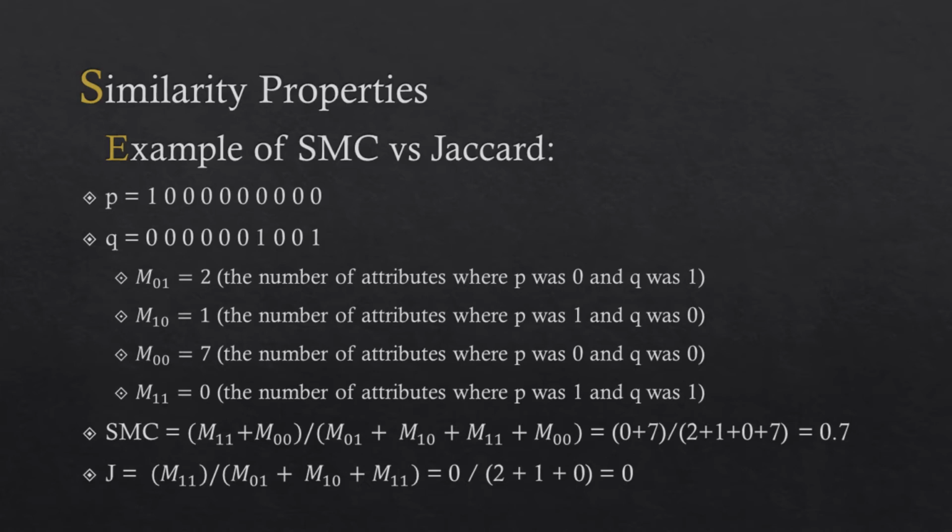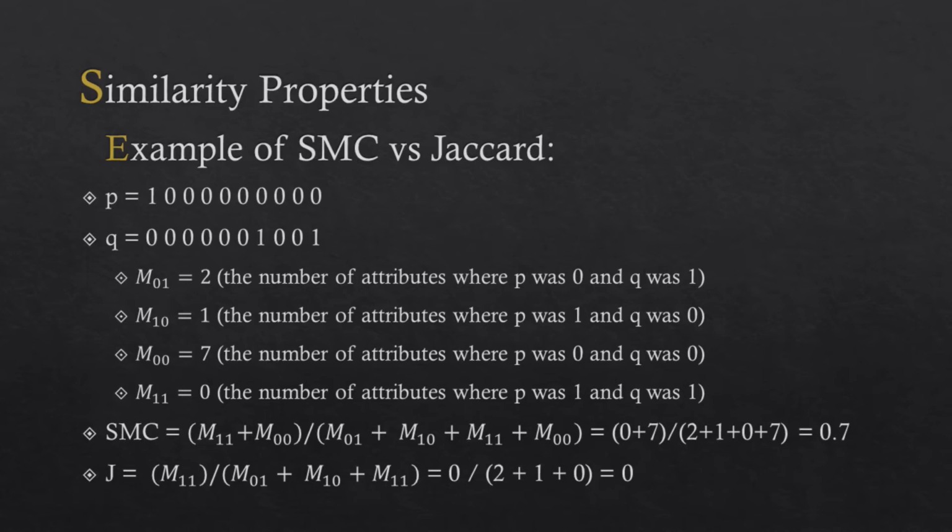As you can see, every M has a number 01, 10, 00, 11. So bakit nga ba M01? So M01, the number of attributes where P was 0 and Q was 1. M10, the number of attributes where P was 1 and Q was 0. M00, the number of attributes where P was 0 and Q was 0.